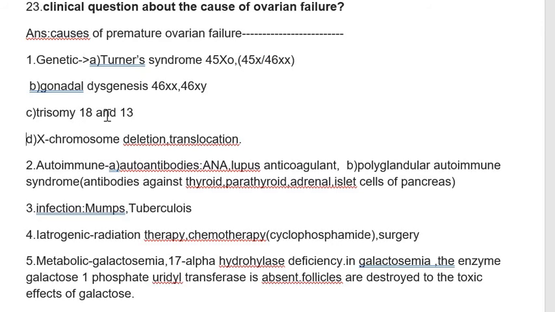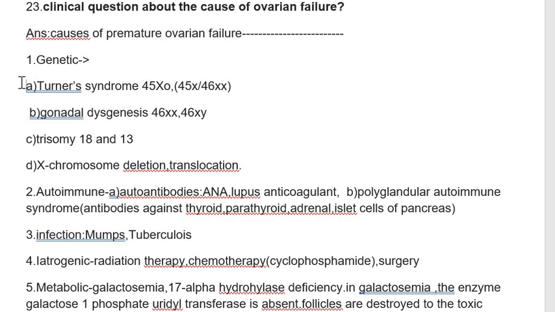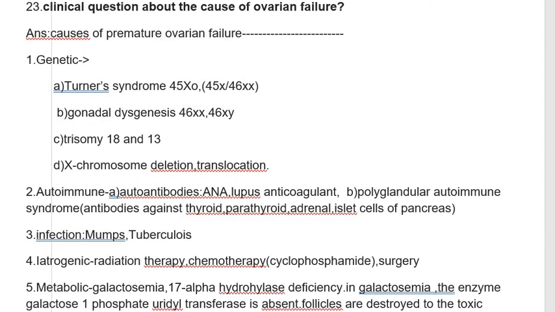Theoretically these are correct, but usually the children die within the first year of life and you are not going to see them. Then these can be due to X chromosome deletion or translocation. So all of these are genetic causes of premature ovarian insufficiency. Never say premature ovarian failure because that is a misnomer.